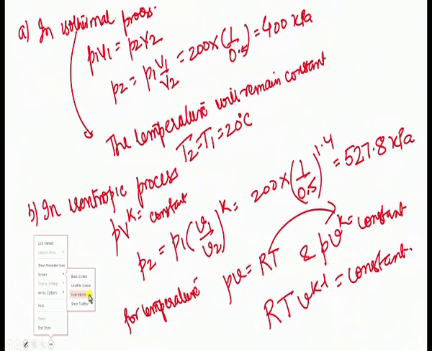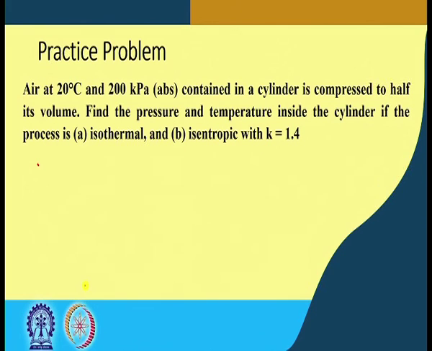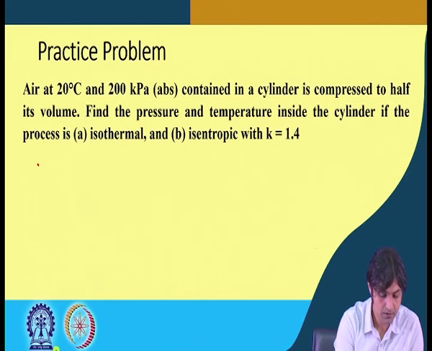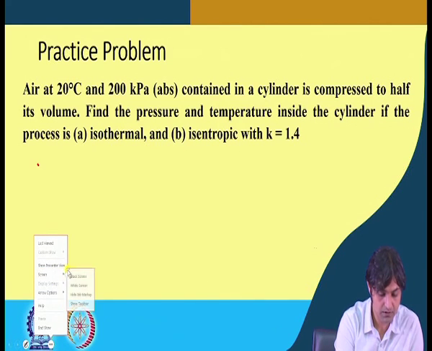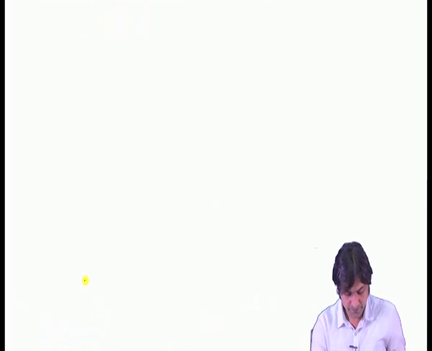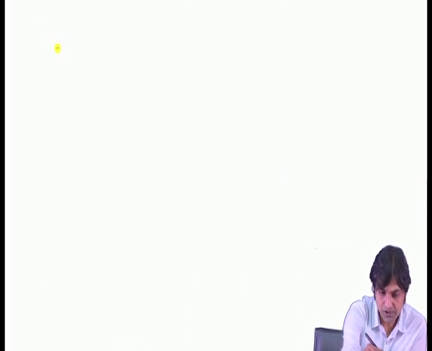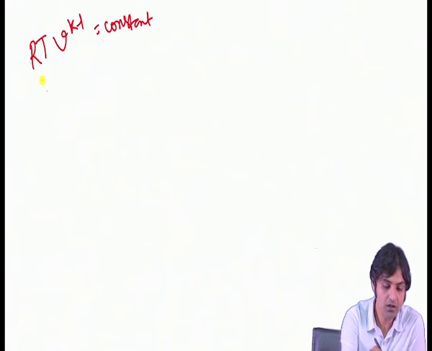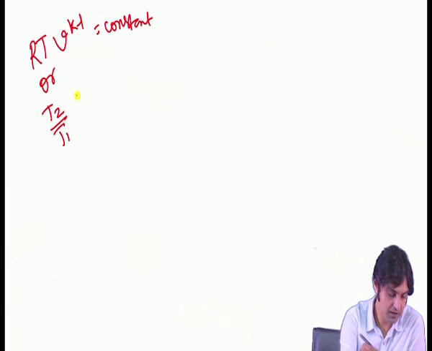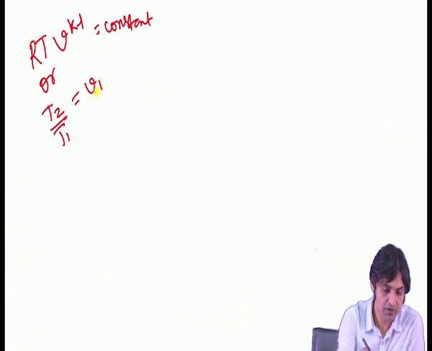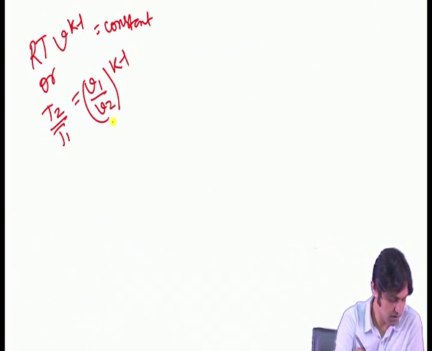I'll get the next page. Okay. So what we found out in the last screen was RT V to the power k minus 1 is equal to constant, or we are also able to write T2 by T1, because R will be cancelled on both sides, equal to V1 by V2 to the power k minus 1.